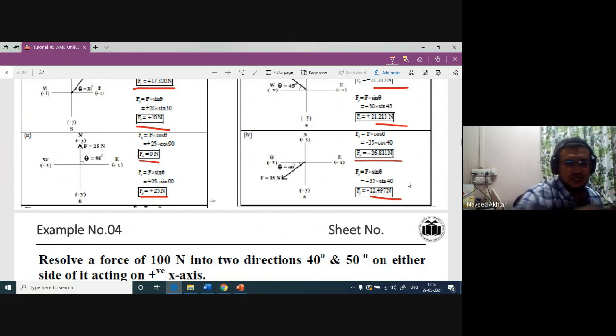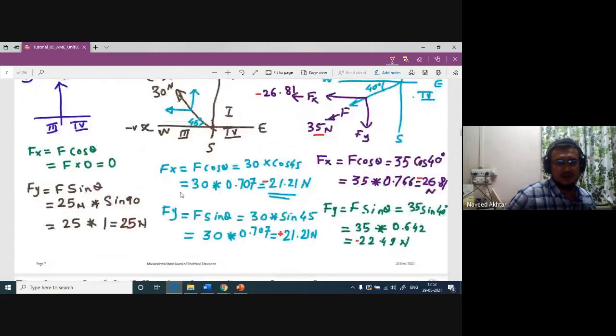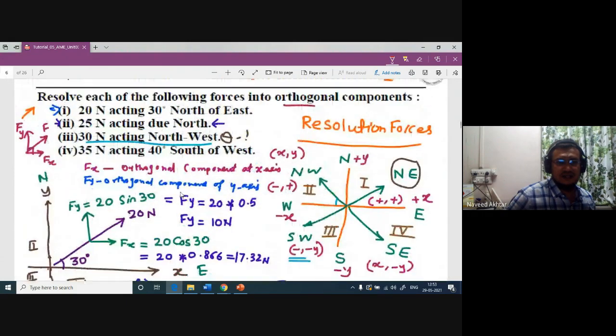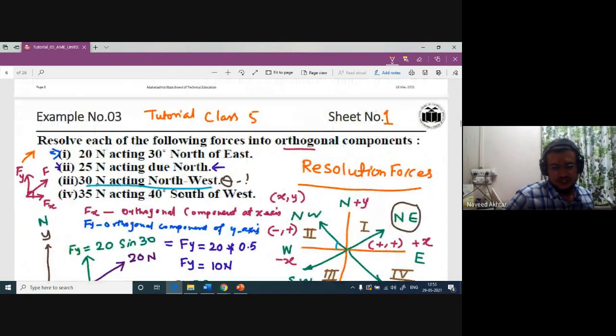So this is example number 3 of your tutorial class number 5. We have seen today how to resolve the orthogonal components of the force system for the coplanar concurrent force system.